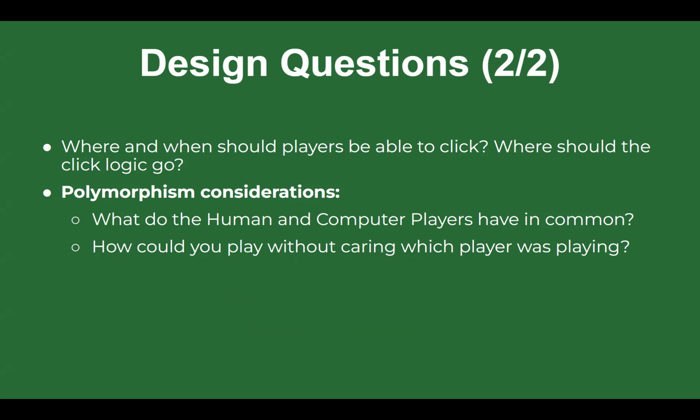So think about what they have in common with each other and how you could implement things so that the rest of your program doesn't really care about whether it's a human player or a computer player. It can call the same methods on either type of player, and the human or computer player will deal with those methods maybe in a different way, but the other classes don't have to know if it's human or computer.